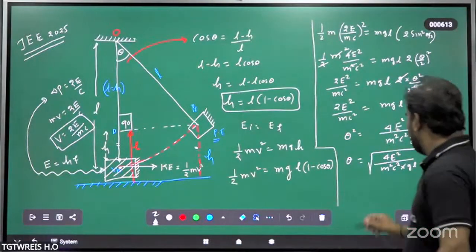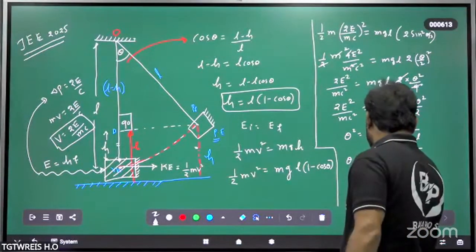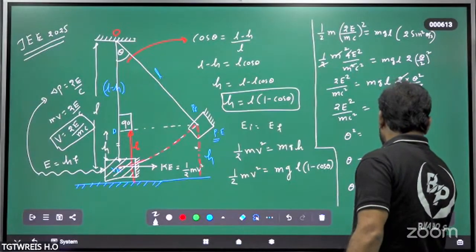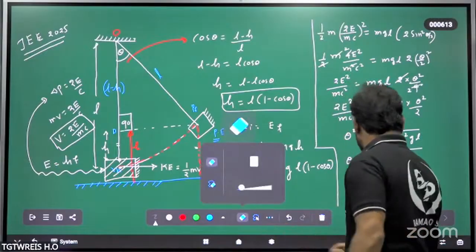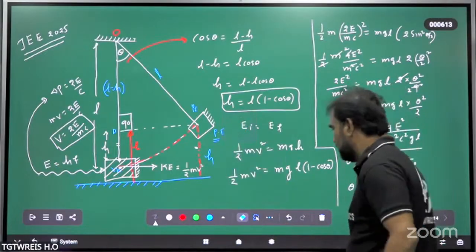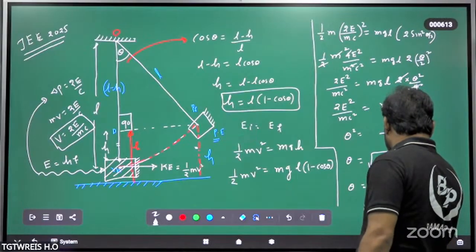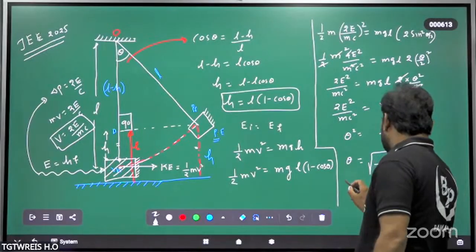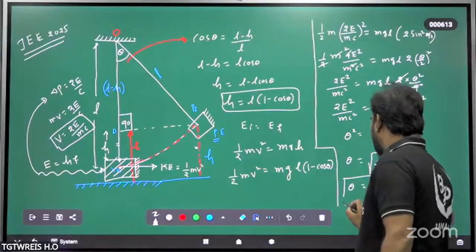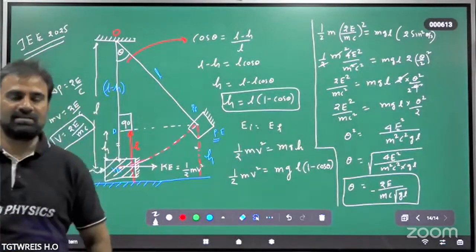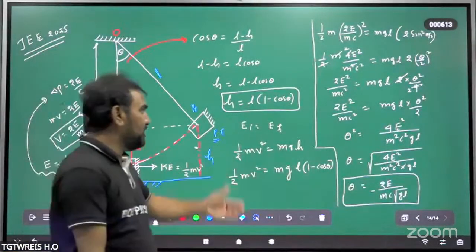Okay. So what is the value of theta? Theta is equal to 2E upon mc into root gl. This much angular displacement would be made by the mirror. Is it clear? I hope you have understood.